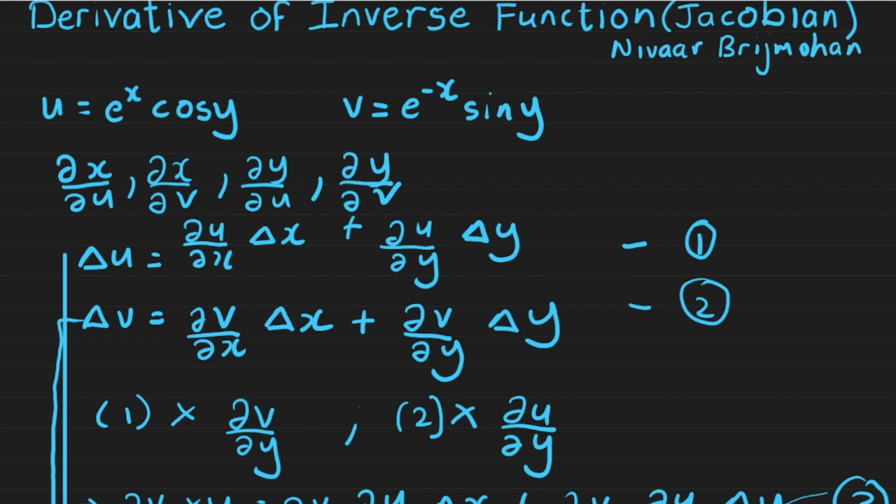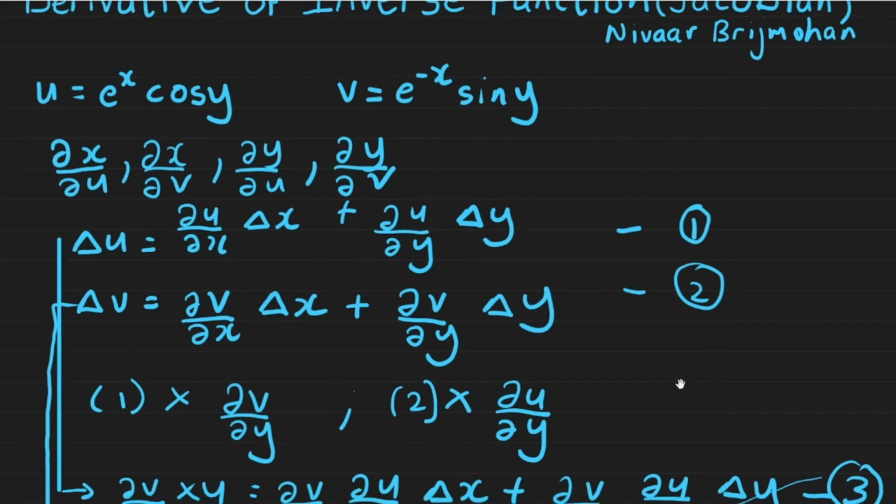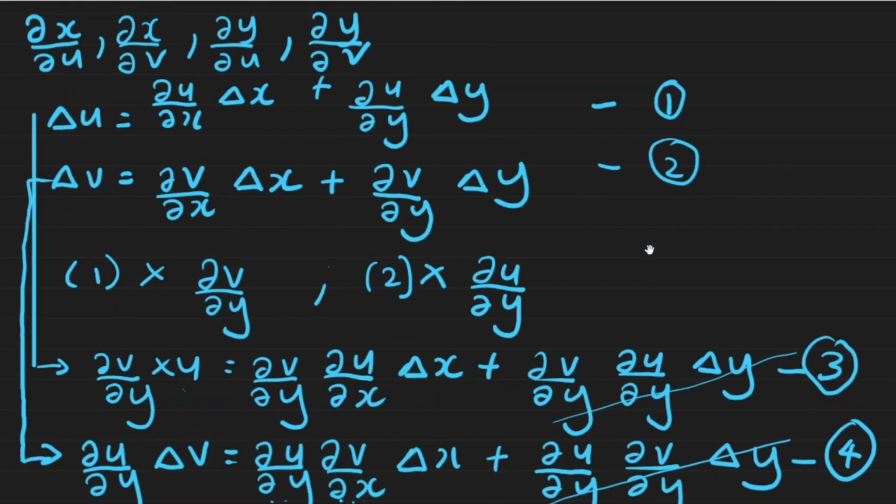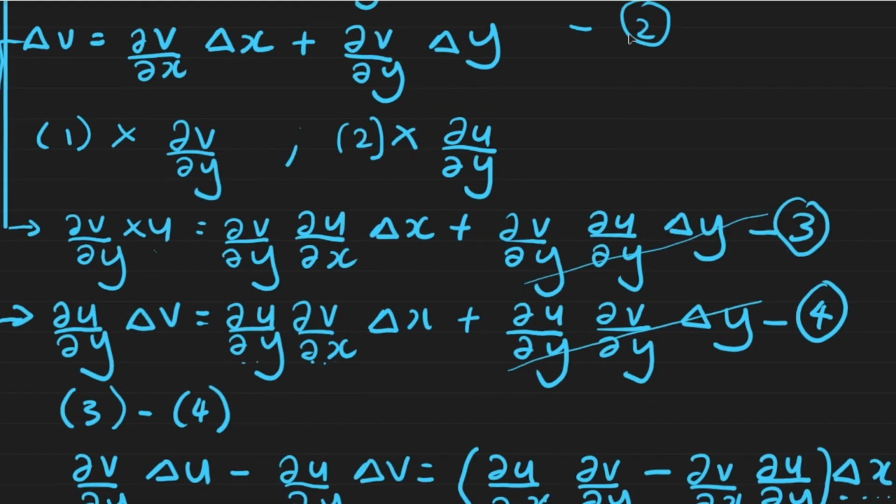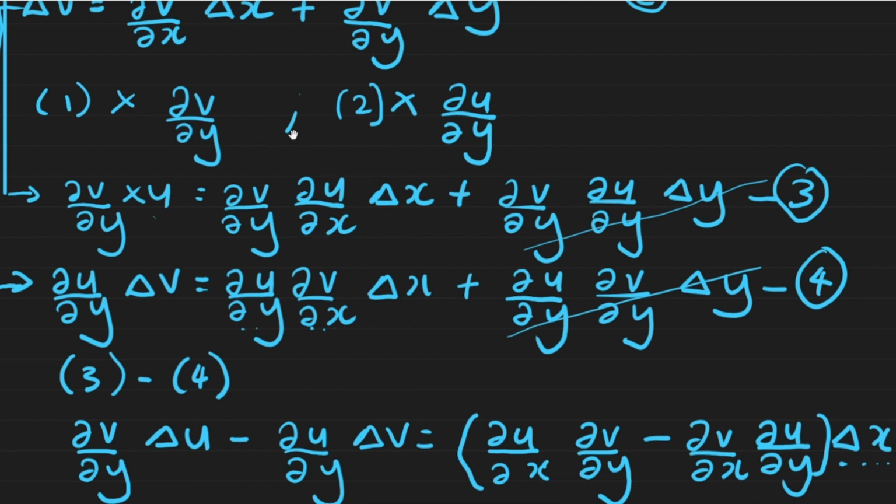Instead of du dx, we want to determine dx du. So the first thing that we did was to write our function differentials, as we have been doing for the last few videos. Once we have done that, we multiplied these function differentials, equations 1 and 2, by dv dy and du dy, depending on what we wanted to make the subject of the formula, as we saw later on.